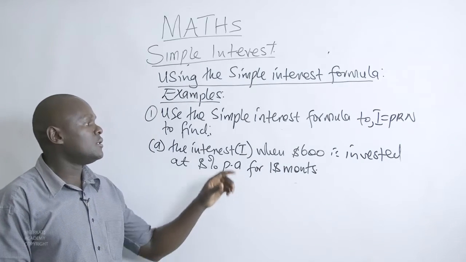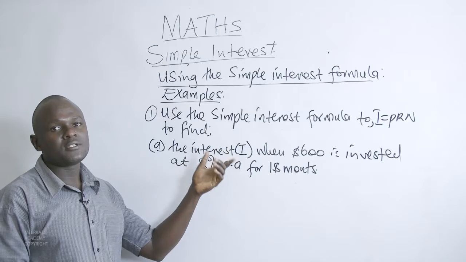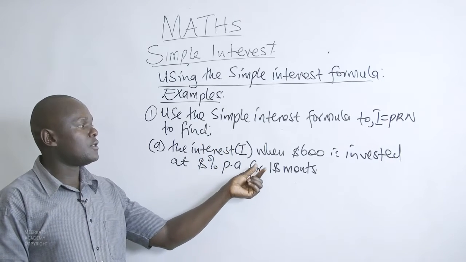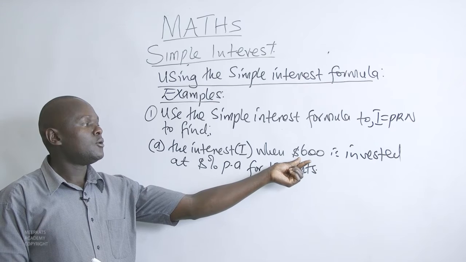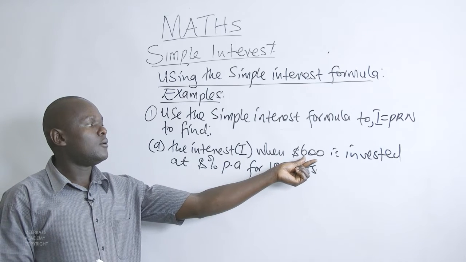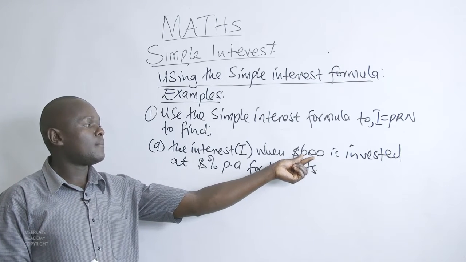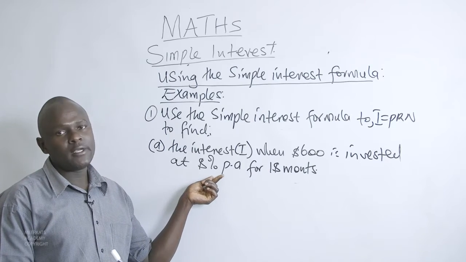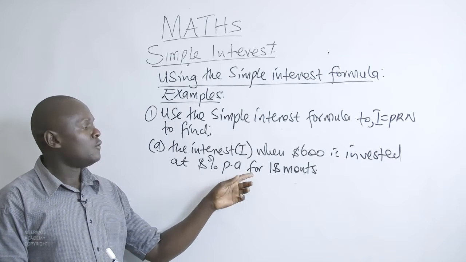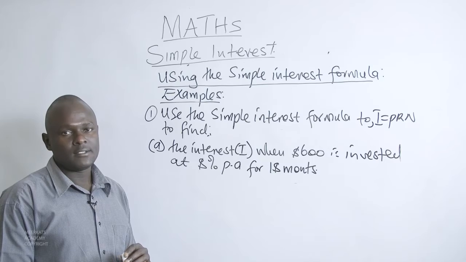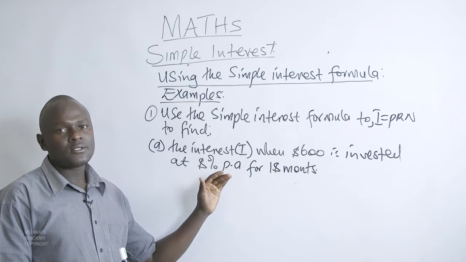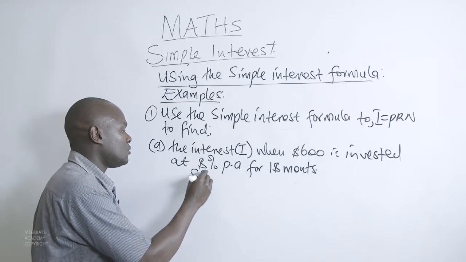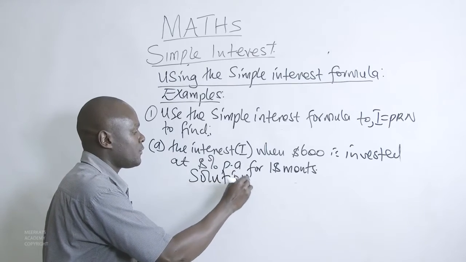We have been instructed to use the simple interest formula to calculate the interest, given that a principal of $600 is invested at a rate of 8% per year for 18 months. In this case, we are supposed to do several things.